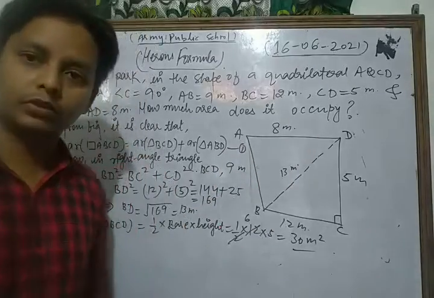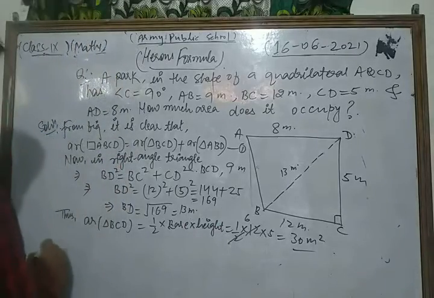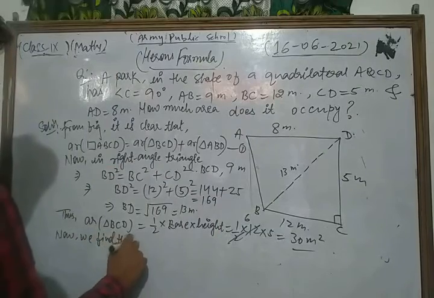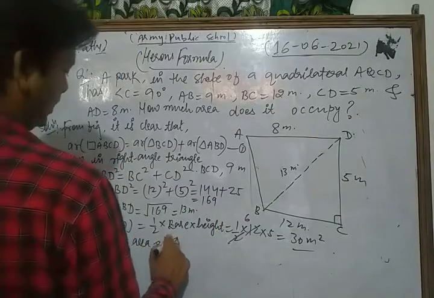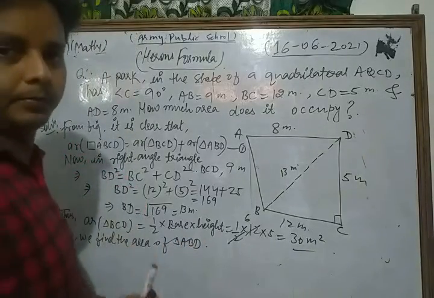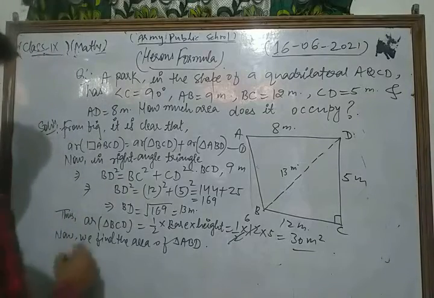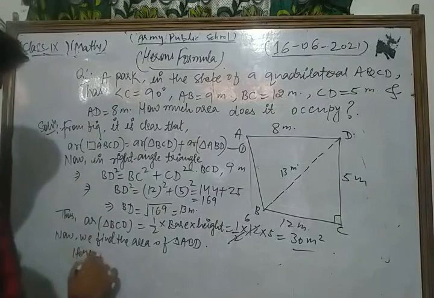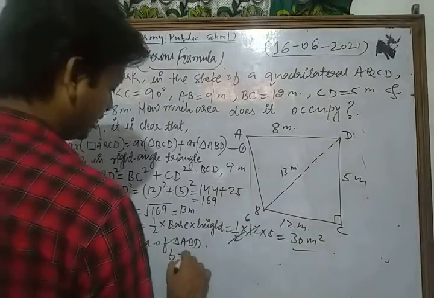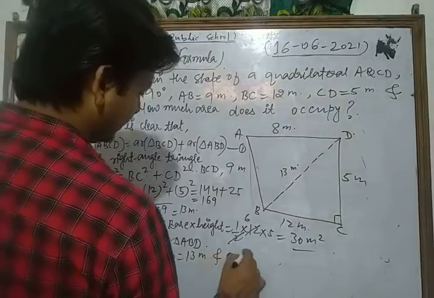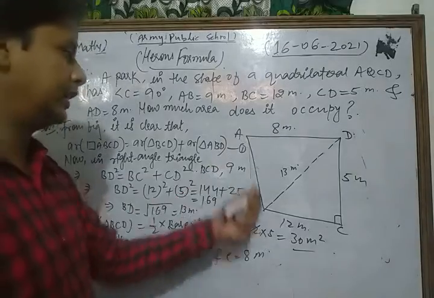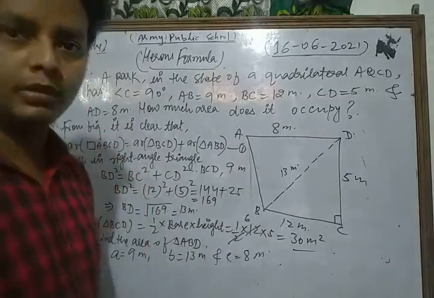So we use Heron's formula here. Let us take a is equal to 9 meter first side, b is equal to 13 meter, and third side c is equal to 8 meter respectively. So we have all three sides of triangle ABD, and we apply Heron's formula. Let's see.